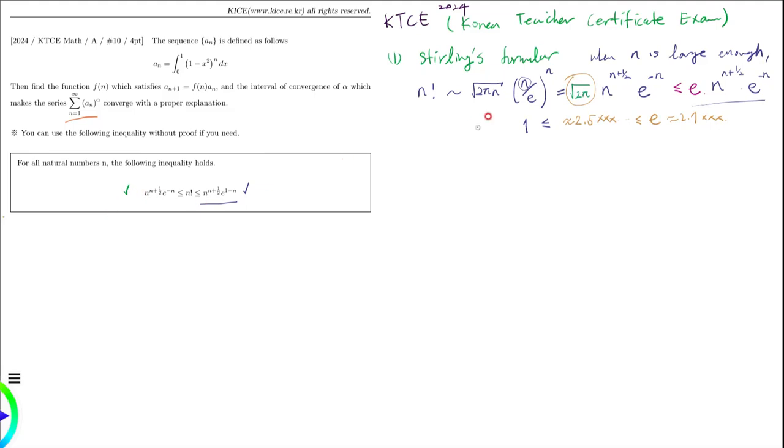If I switch the square root of 2 pi with 1, we have the lower bound, n to the n plus 1/2 power times e to the minus n, which is exactly the left hand side.